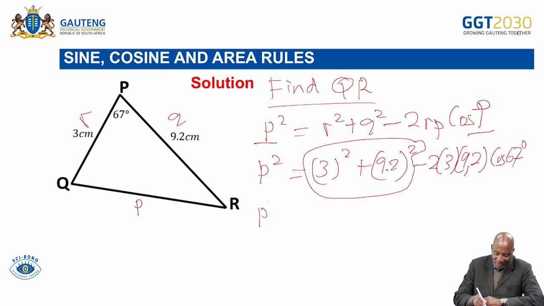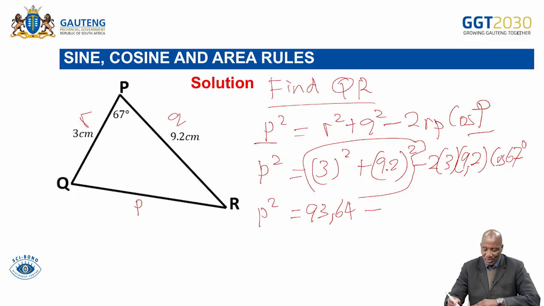You will get p squared equals, sorry, it's 93. I'm getting 93.64 minus, if I find the product of 2 times 3 times 9.2, I'm getting 55.2 cos of 67 degrees.